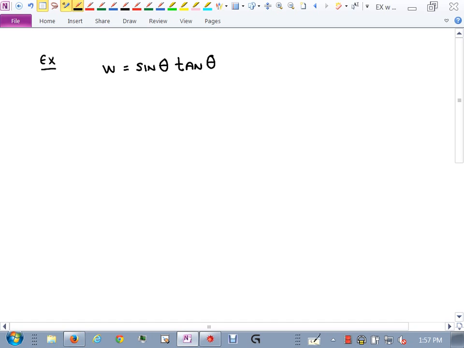I want us to find the derivative of w. Theta is our variable. Can we apply the product rule? Yes? Because we have a product right here. Sometimes you'll see me put a dash line in between them so you can really see where the product is occurring. And then I call one of them U and the other one V. The derivative of W will be U prime V plus V prime U, right?